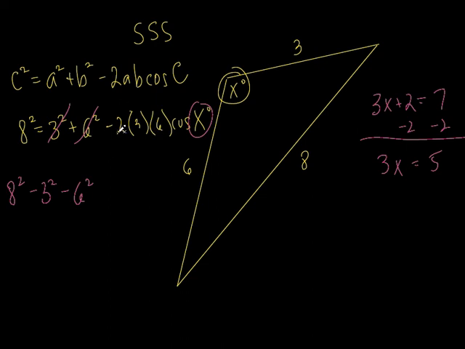So watch. How do I get rid of stuff that's being multiplied? I divide. I divide by negative 2 times 3 times 6. What does all that equal? See, I got rid of that stuff. That equals the cosine of x. Now, you said it earlier. How do I get rid of the cosine? Take the inverse cosine, right?